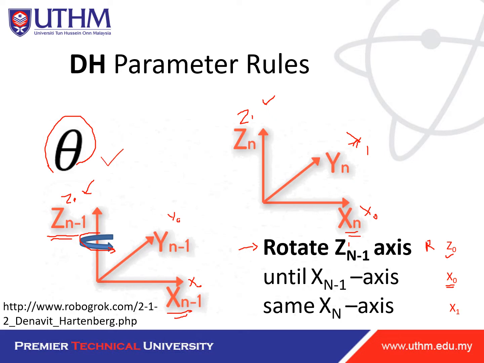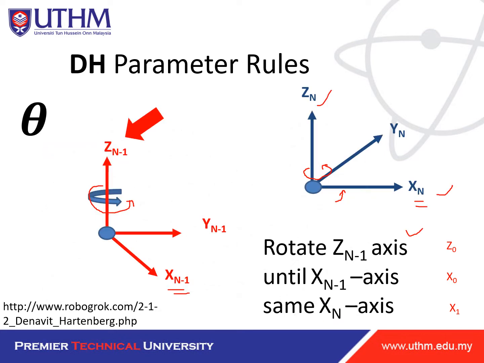Theta is the rotation on Zn minus 1, which is this one, until Xn minus 1, which is this one, is the same as Xn, which is this one. So the rotation will be on this axis Zn minus 1. This is the example.